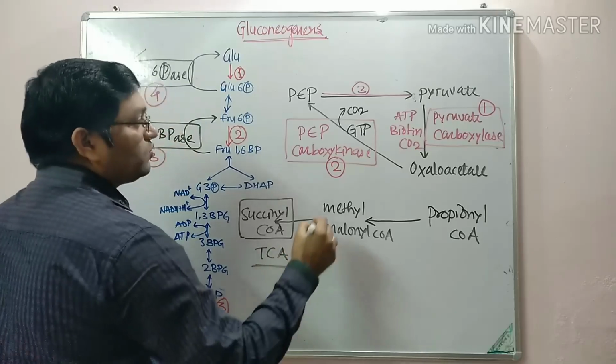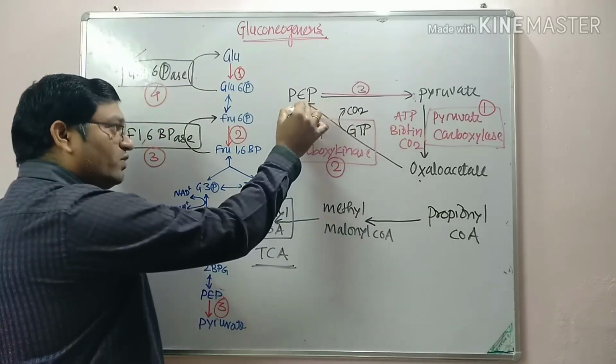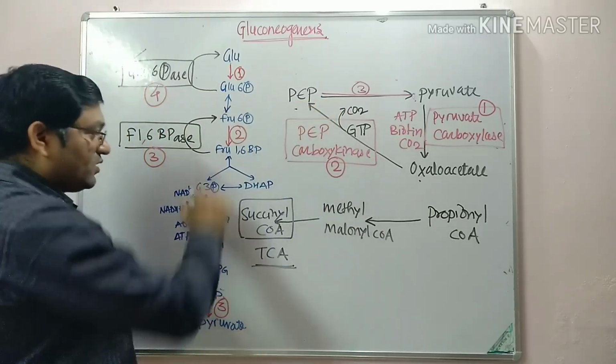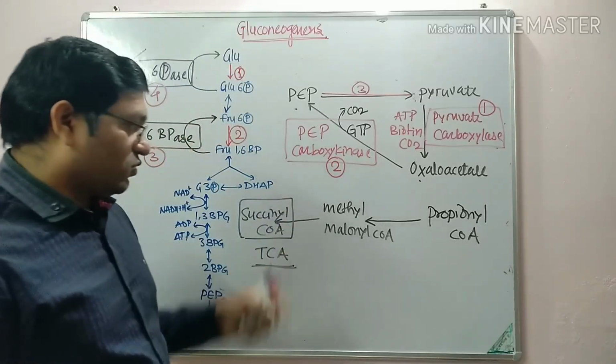It is converted into oxaloacetate, then oxaloacetate is converted into phosphoenol pyruvate, and phosphoenol pyruvate undergoes the reversal of glycolysis and gives the glucose molecule.